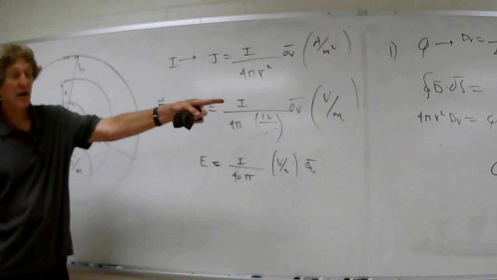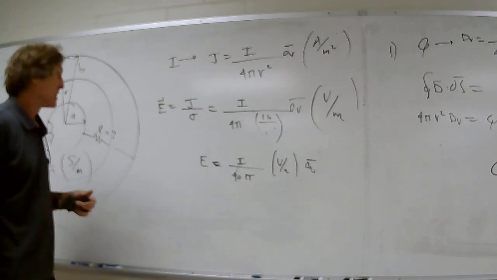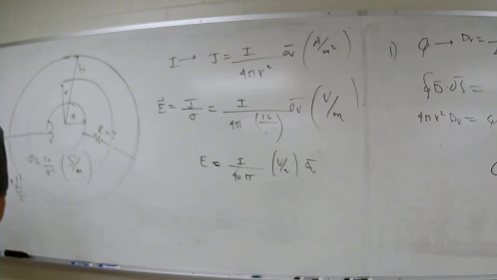And just like there, I integrate the E field from the inner to the outer radius. Do you all agree with that, class? So when I do that, because the E field's constant, to get the voltage, I'll call it V_AB, it's just going to be the magnitude of the integral of E dot dl from A to B. E is a constant.